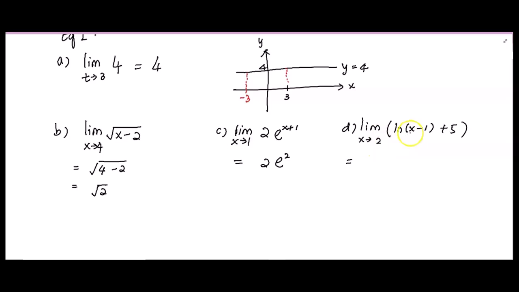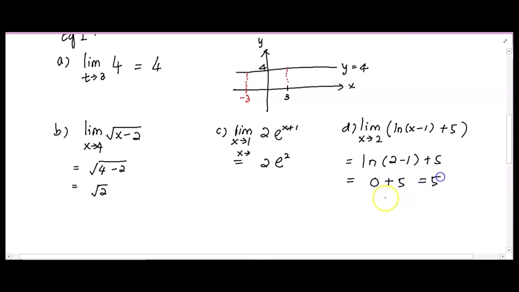Substitute the 2 into the x over here. Then you get log of 2 minus 1, plus 5. So you have log 1 plus 5. Log 1 is 0, plus 5, which means the final answer is 5.